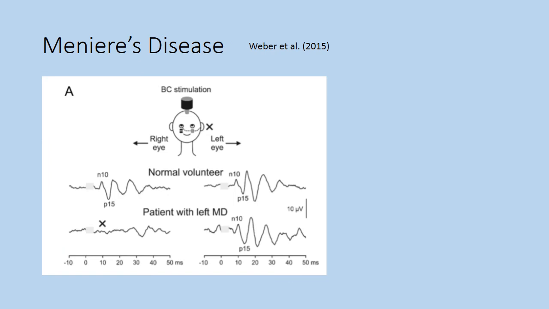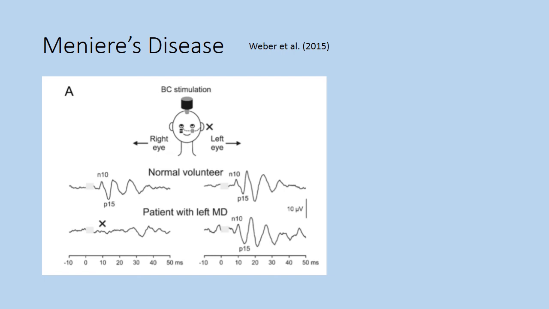Weber et al. also reported a case of Meniere's disease. From the study, the patient has an advanced left Meniere's disease. For this case, the otolith organ was stimulated using bone-conducted vibrations at the forehead.